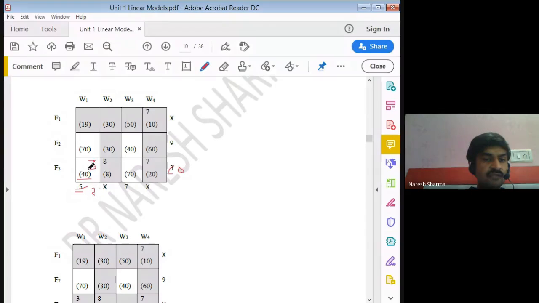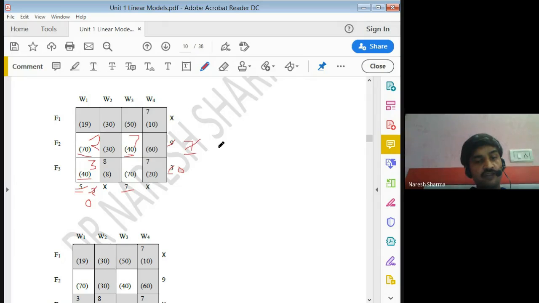Now as only one more value is available in this first column, we allocate 2 units to this. So this becomes 0, and the corresponding value becomes 7. And if you see here, corresponding to this we have the 40 only. So we allocate the remaining units to this, as availability is 7 and requirement is also 7. So we write here 7.